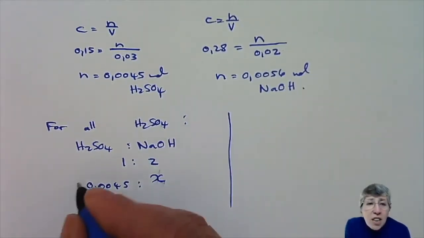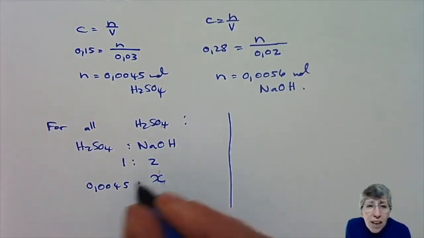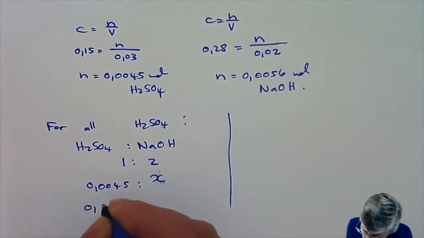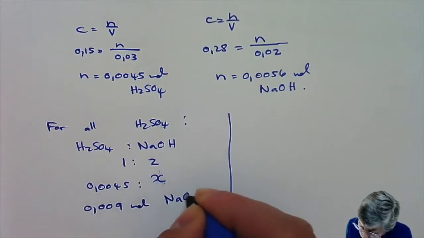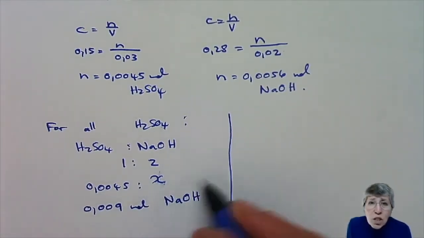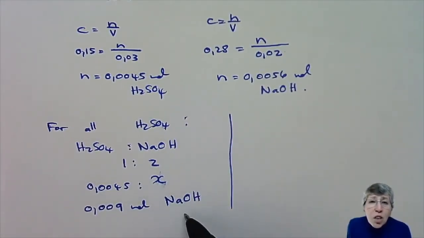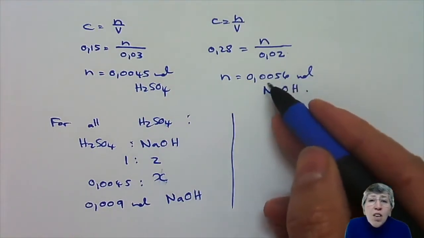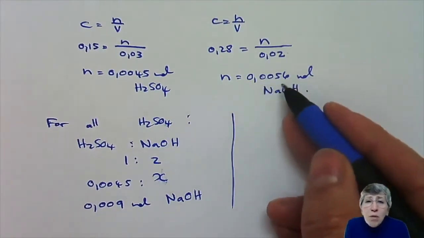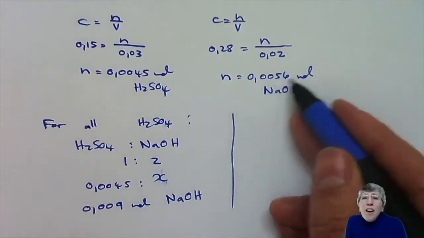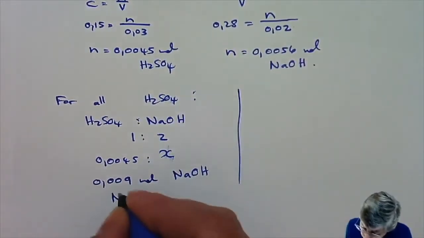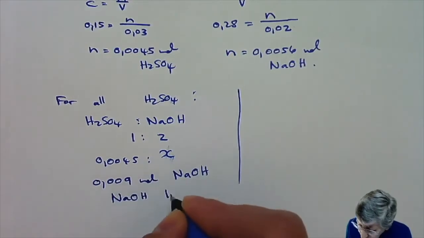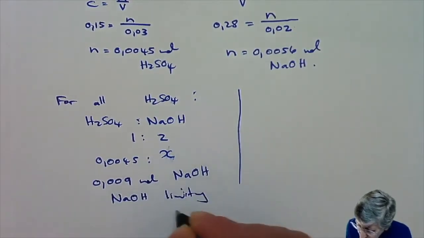That would have been 0,009 moles of NaOH. And the question is always, do I have that much? No, I've only got 0,0056 moles. So that tells me I don't have enough NaOH, so that is my limiting agent.